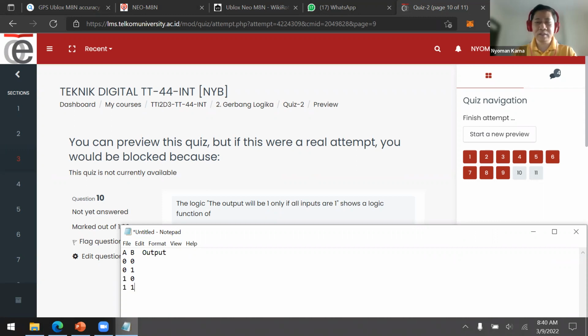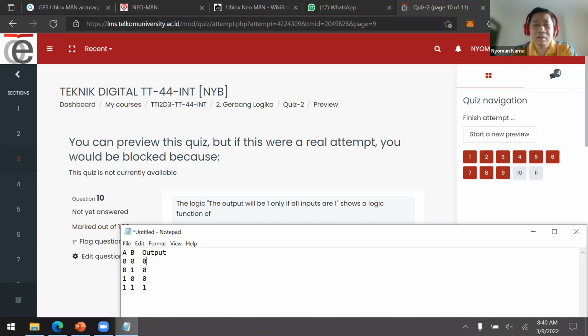And the statement is the output will be 1 only if all inputs are 1. So only in this combination, where A and B are 1, the output will be 1. So the rest is 0, 0, 0. Okay.